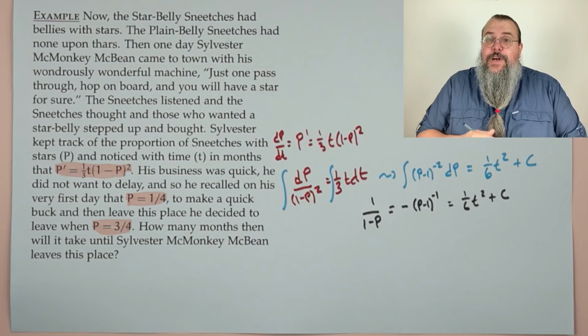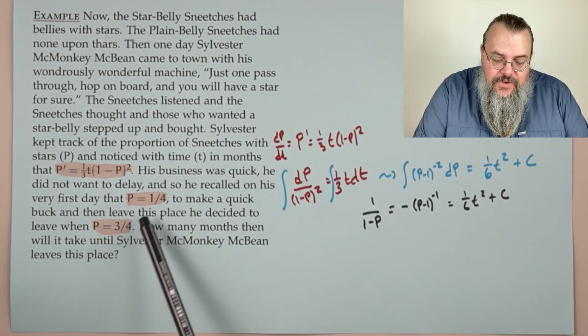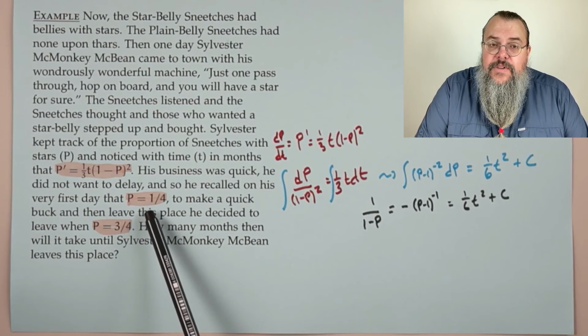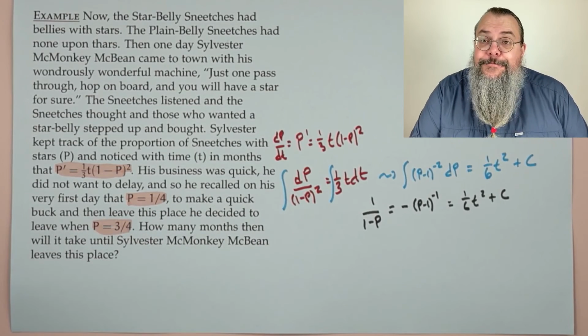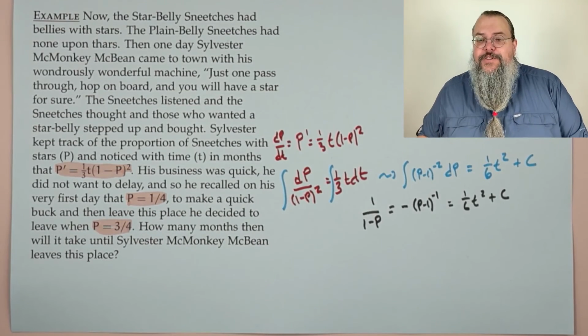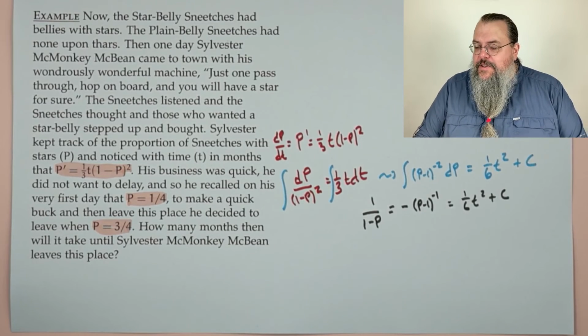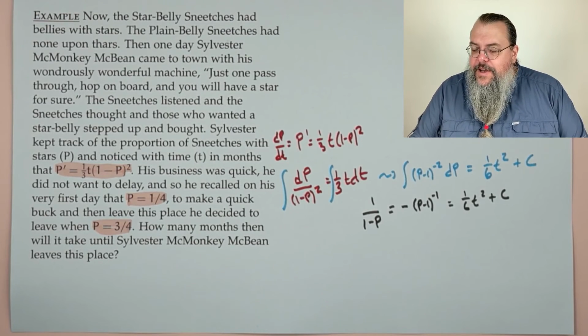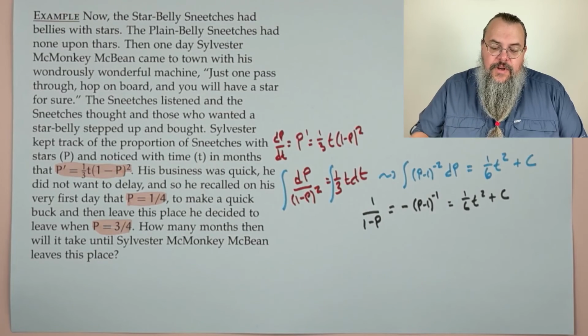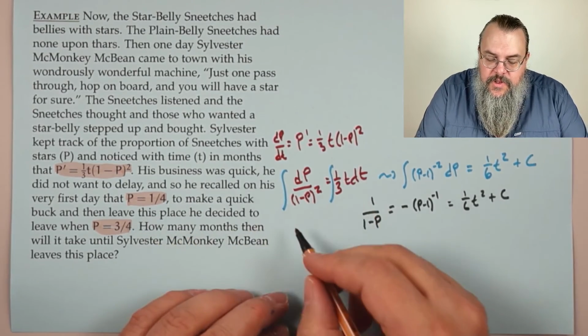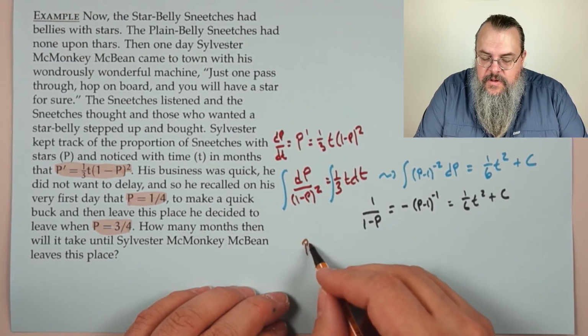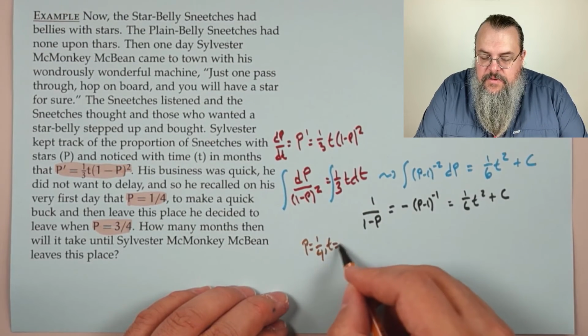Now, there we go. So there's our integration. What comes next? Well, we have initial conditions. How do we know it's our initial conditions? It's on the very first day. So that sounds pretty initial to me. Hard to think that the very first day was not near the beginning. So we plug in p equals 1/4 and t equals 0.